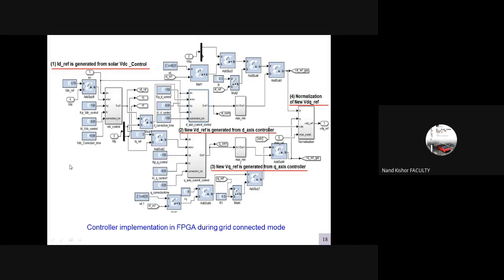This slide shows how we have the ID reference generated from the solar VDC control part, which was implemented in FPGA for grid connected mode here. So we have all those blocks developed in FPGA.